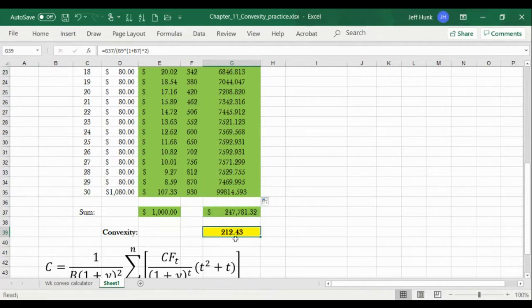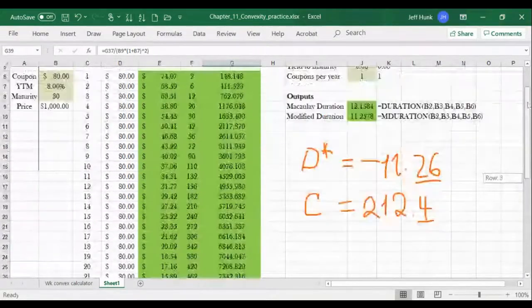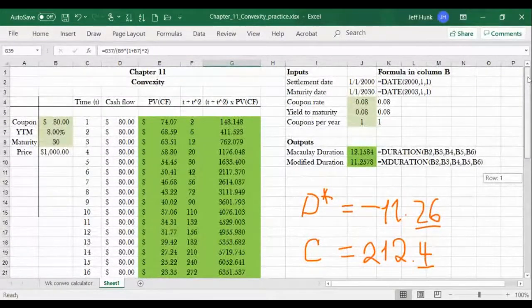So what did I get? I got exactly 212.43. Now, let's check if our duration is also 11.26. Yeah, I used both Macaulay and modified duration.